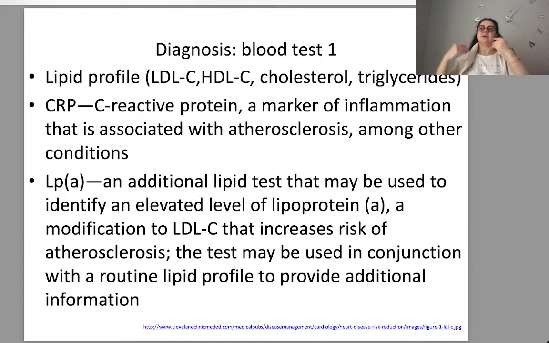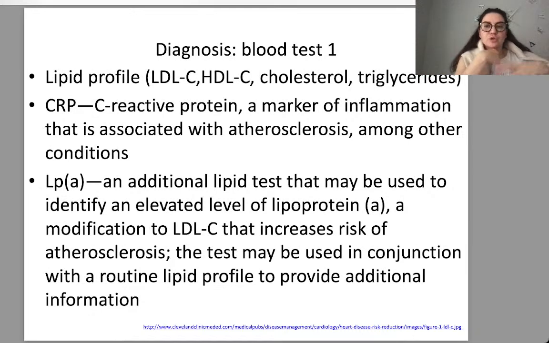Because they give us a lot of information about causes, about good ways for treatment of coronary insufficiency and possible complications of these disorders. First, we always do a lipid profile in patients with coronary insufficiency, because you remember it is one of the main problems that lead to atherosclerosis.